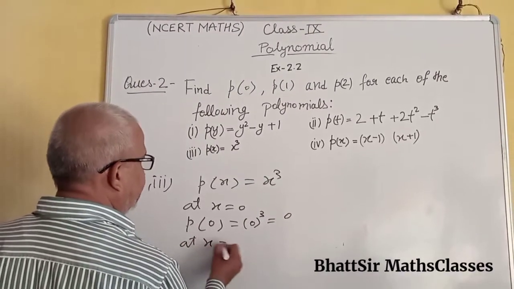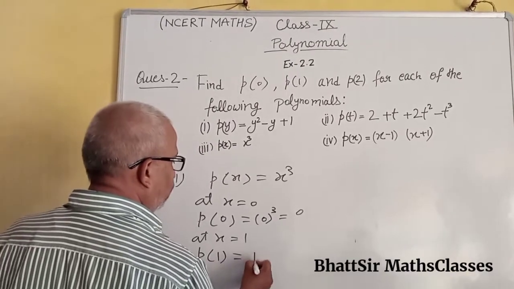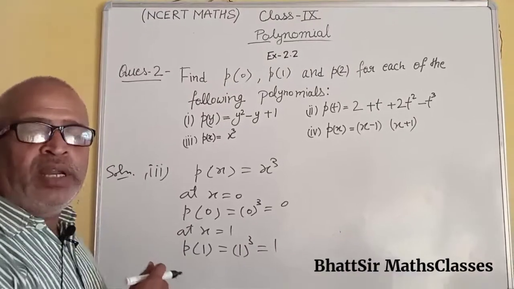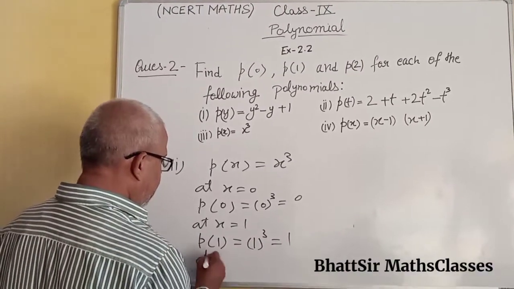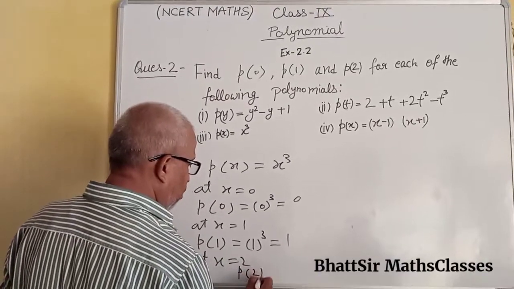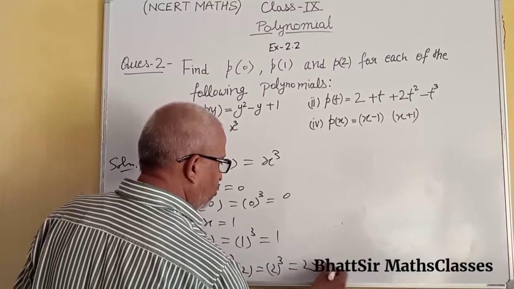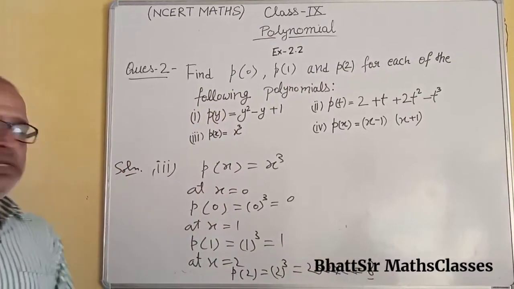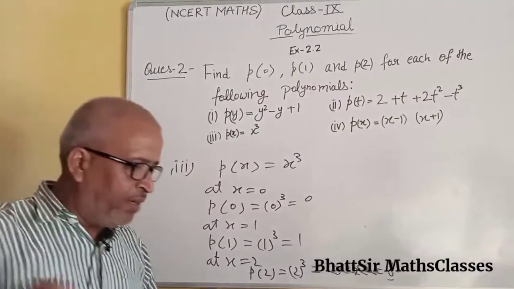At x equal to 1, P(1) equal to 1 cube. Answer will be 1 because 1 into 1 into 1 equal to 1. Similarly at x equal to 2, P(2) equal to 2 cube, 2 multiply 2 multiply 2 equal to 8.